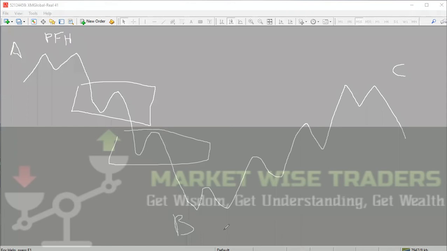This is the market maker cycle. This is your peak formation low over here at the bottom, and this point C is another peak formation high.